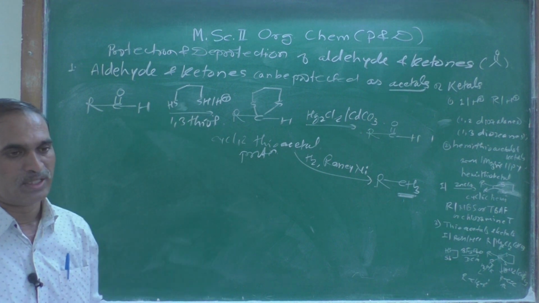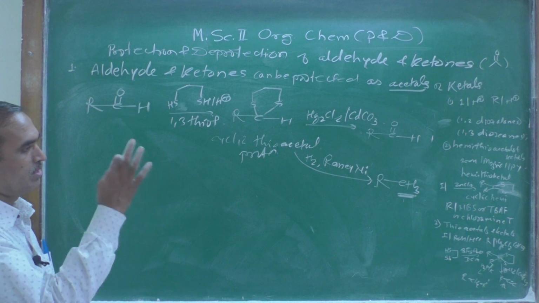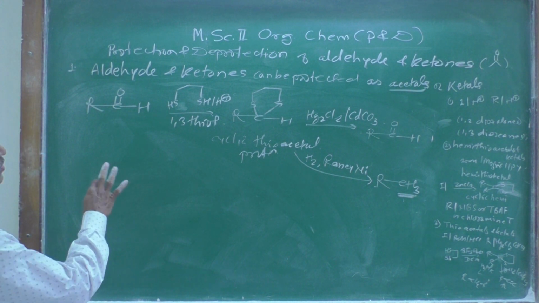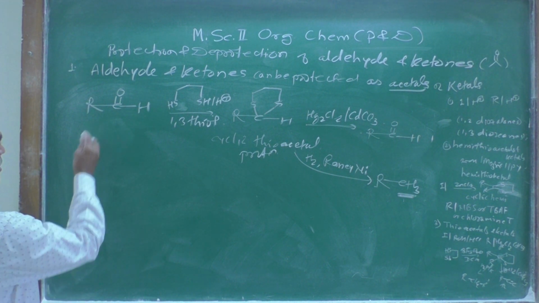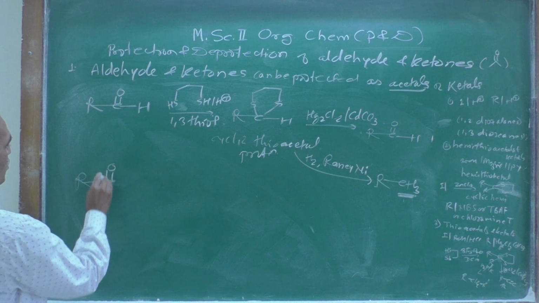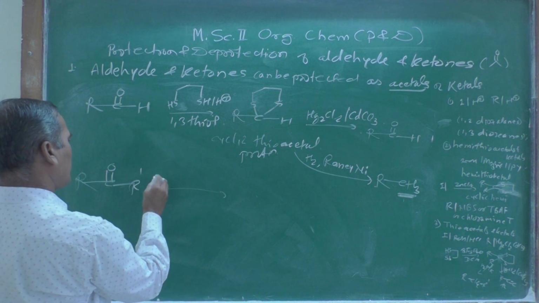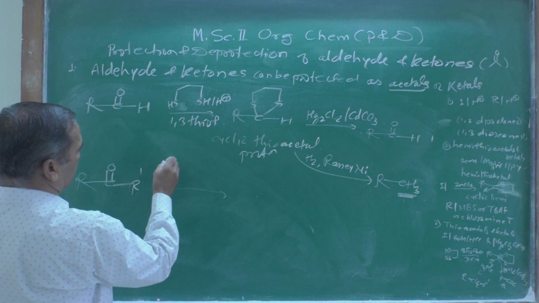Once you know the one mechanism, you can draw the further mechanisms. Now let us see another one. As we know, another one is R, C double bond O, R dash, that will be treated with the same reagent, HS.